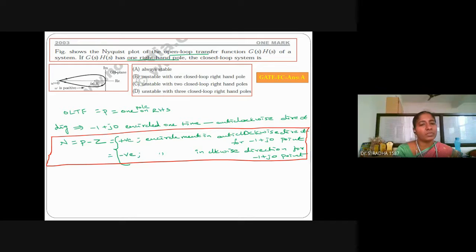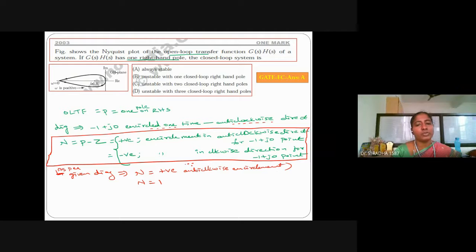In our given question, encirclement is happening in the anti-clockwise direction, one time, as per the given diagram. So the capital N value is positive and equal to 1, because one anti-clockwise encirclement is visible in the diagram.